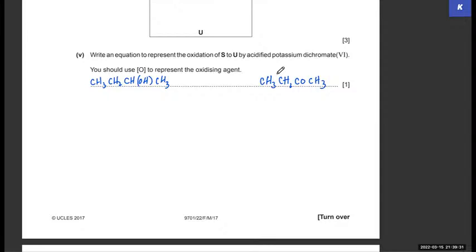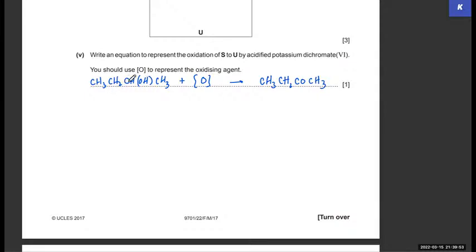Acha, so you have to write an equation. It's saying use O to represent the oxidizing agent. चलो ठीक है, O कर दिए. अच्छा, what will happen now? वो क्या कर रहा है? H lose कर रहा है ना. How many H's is it losing?